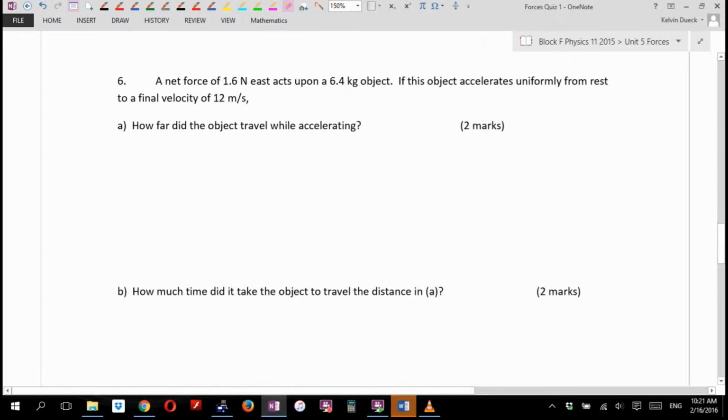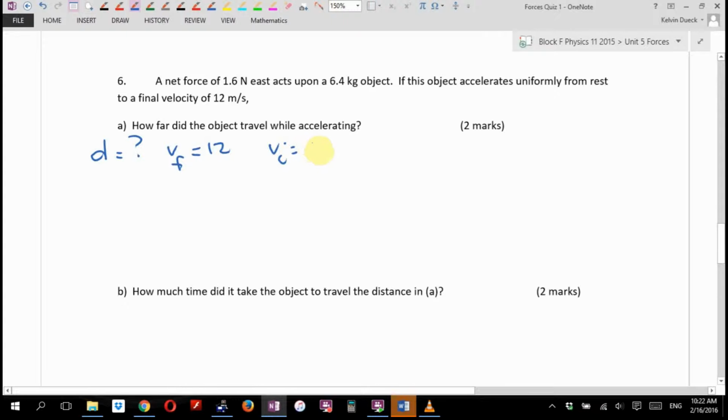A net force of 1.6 newtons east acts upon a 6.4 kilogram object. If this object accelerates uniformly from rest to 12 meters per second, find d. 2 marks suggests this might be multi-step. Well, I know V final equals 12.